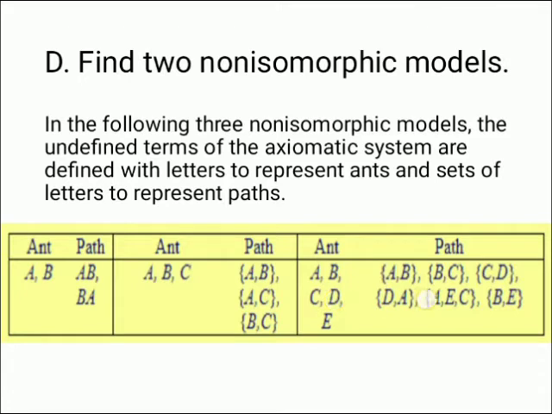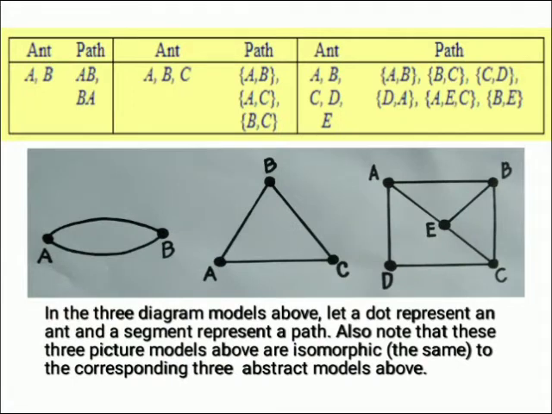So, now let's insert yung picture models para mas maintindihan natin siya. So, these are the 3 different picture models, and these models are concrete. Kung ito abstract, ito naman concrete models. Kasi nakikita ng mismong mga mata natin at hindi na natin kailangan mag-imagine para maintindihan natin yung mga nakasaad dito.